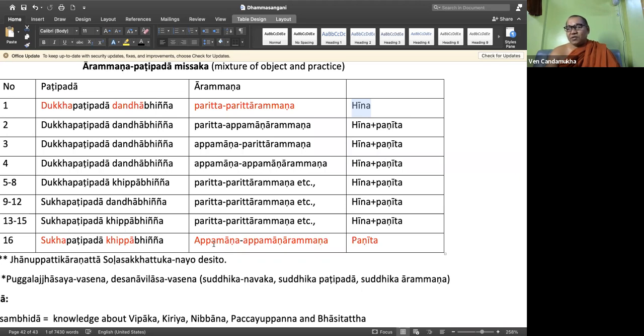Kasma bhagavata ayam nayo desito ti? Why did the Buddha preach this method? The very easy and short reason for this is jhanuppattikaranatta. Here it is also giving jhana uppatti karana, because of being the reason.